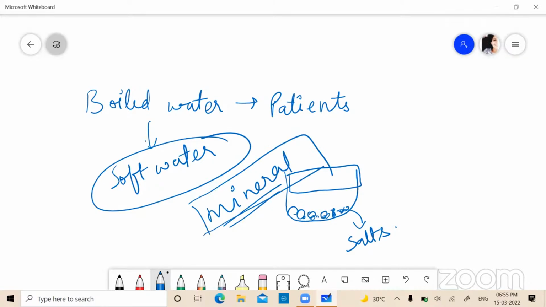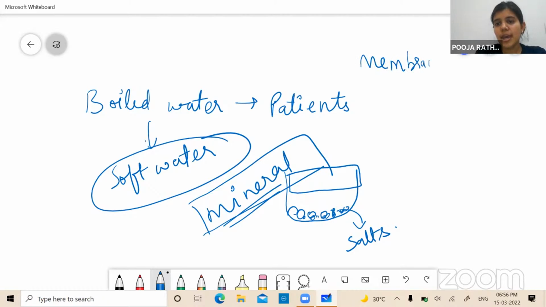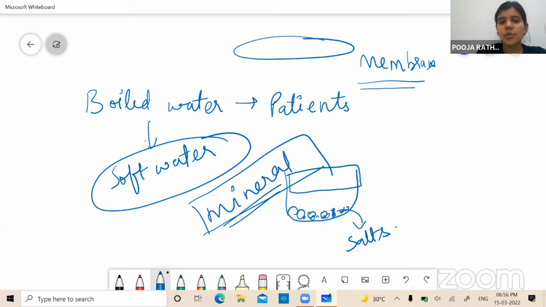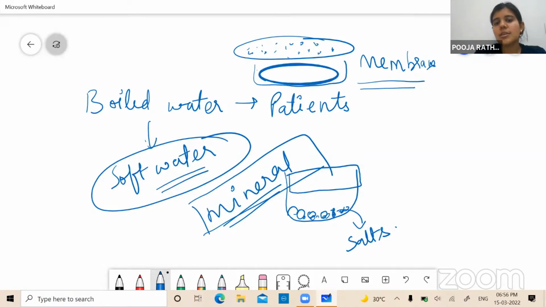Those Pureit and Aquaguards have filters, certain membranes in them, which filter out impurities. They have membranes with very minute pores. They filter the soft water that comes to our homes so that impurities just remain at the membrane and the pure water comes out at the bottom, and we can serve it to our family.